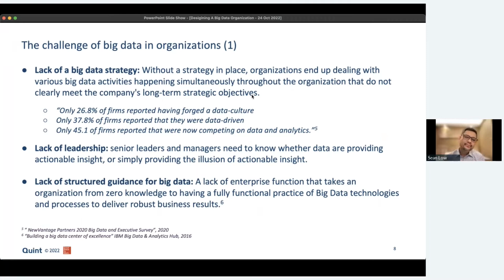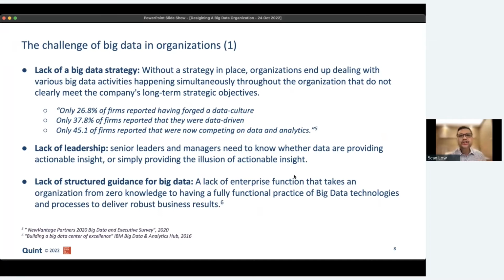Number three, the most common challenge in big data organizations nowadays is lack of structured guidance for big data. Everybody wants to do big data, but nobody knows how to do it. There is no guidance, right? And in some organizations, they just have a hodgepodge of people coming in to run a big data project without proper structure.